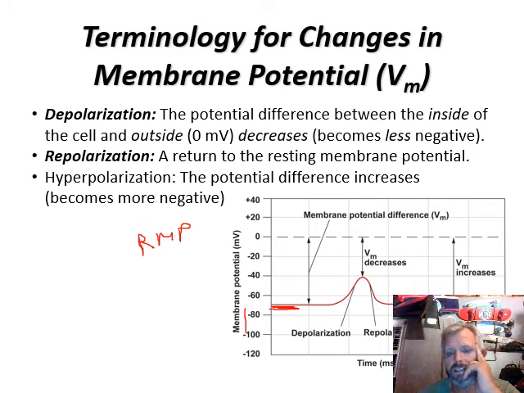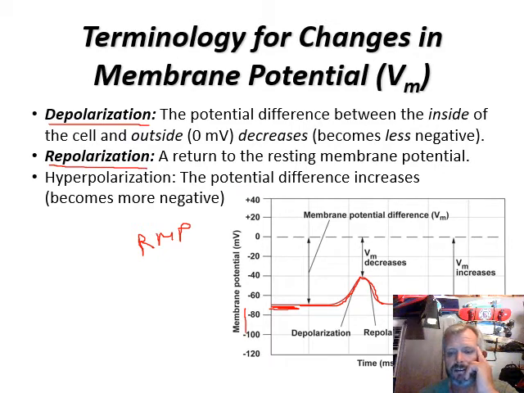We're at resting, and if I move in a more positive direction, I bring my membrane potential in a more positive direction. That is called depolarization. If I've depolarized and I'm bringing the membrane potential back down to resting, that is repolarization.